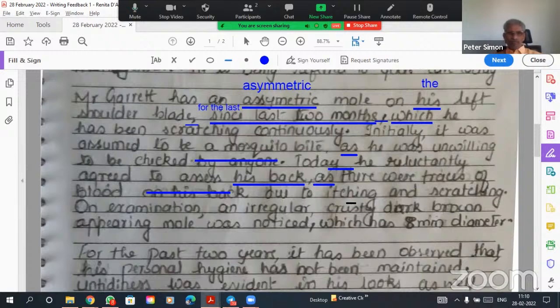As there were traces of blood due to itching and scratching. Itching will not cause blood. Scratching may cause. So, fine.